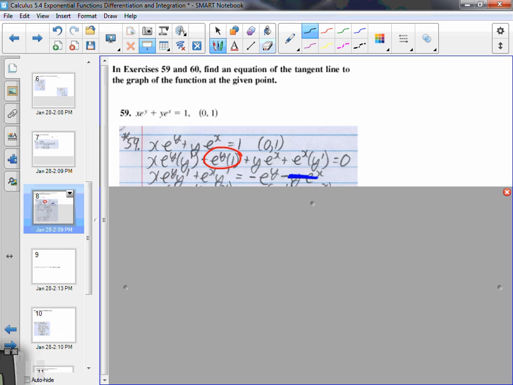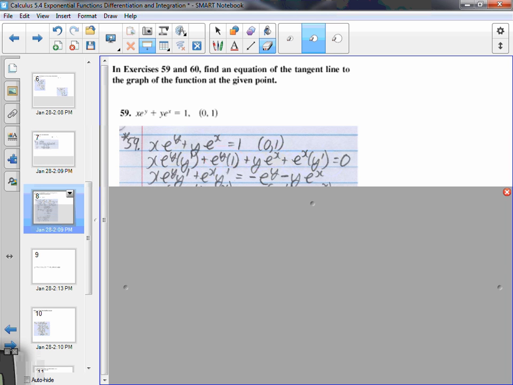And then the y e to the x, that's simplified nicely. Subtract it from both sides, and it shows up on the other side as negative y e to the x. So you with me on those moves there? A little simplifying and solving as we go.